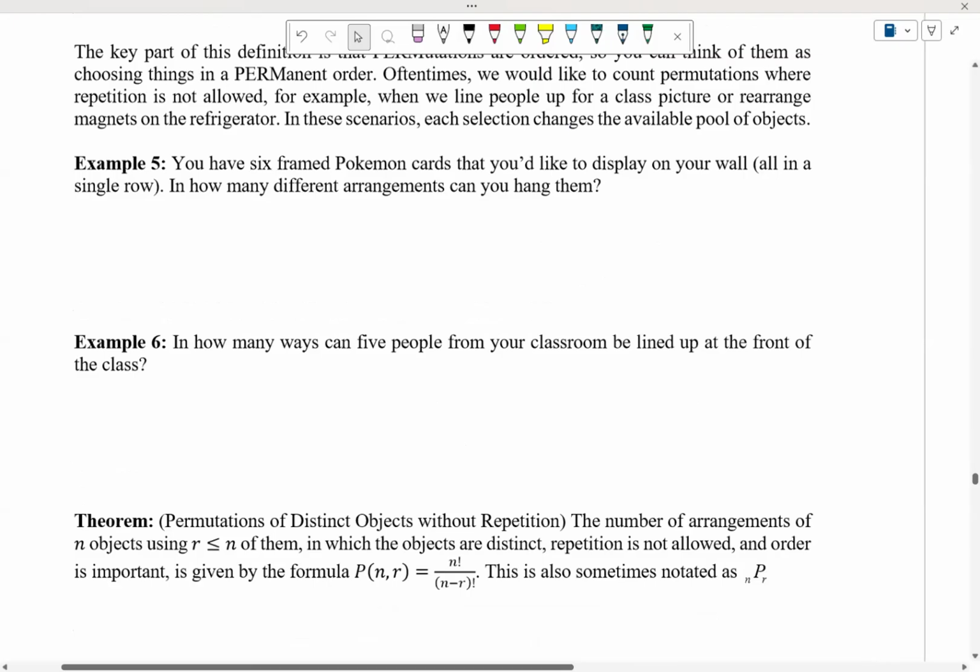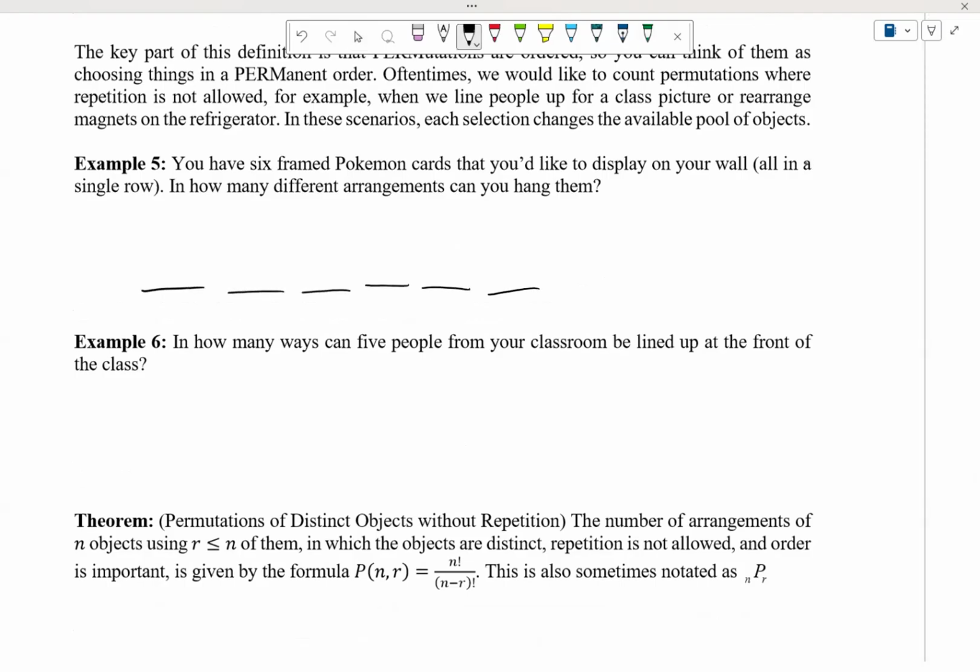So example 5, going right to it. You have 6 framed Pokemon cards that you'd like to display on your wall, all in a single row. In how many different arrangements can you hang them? And you kind of have a visual representation.